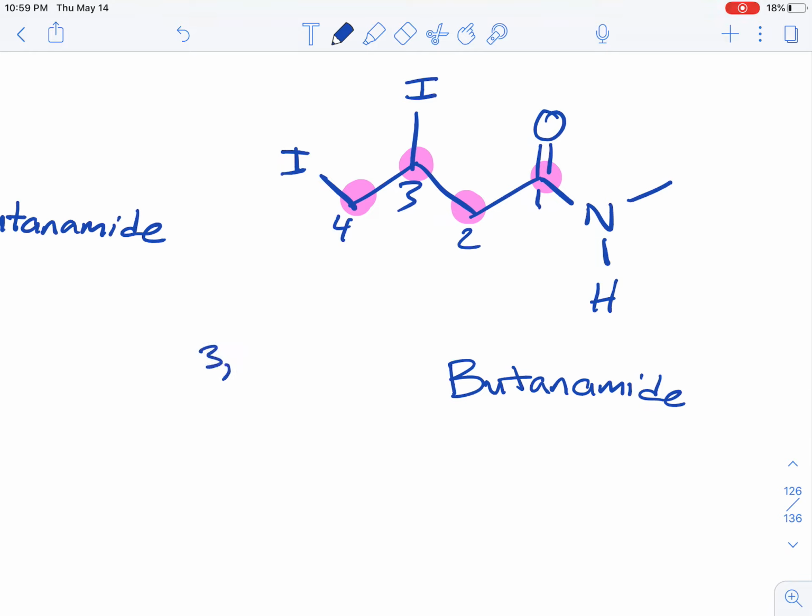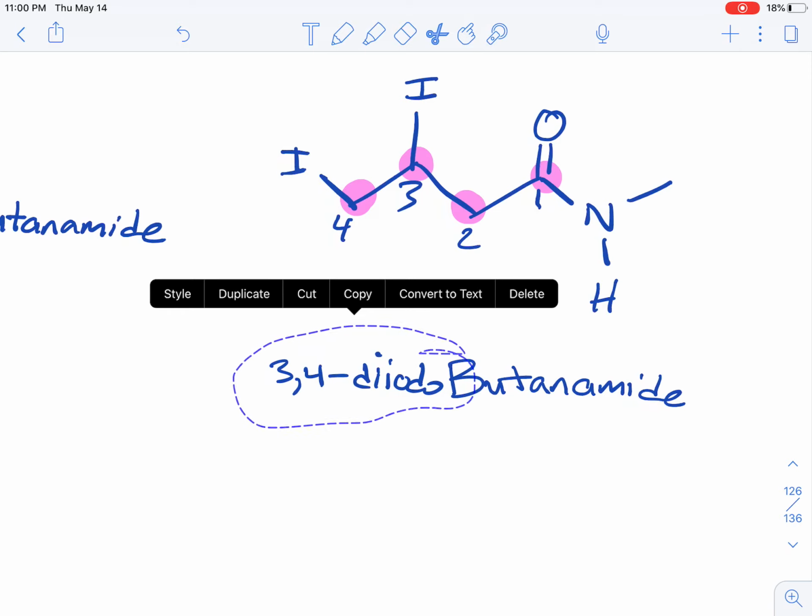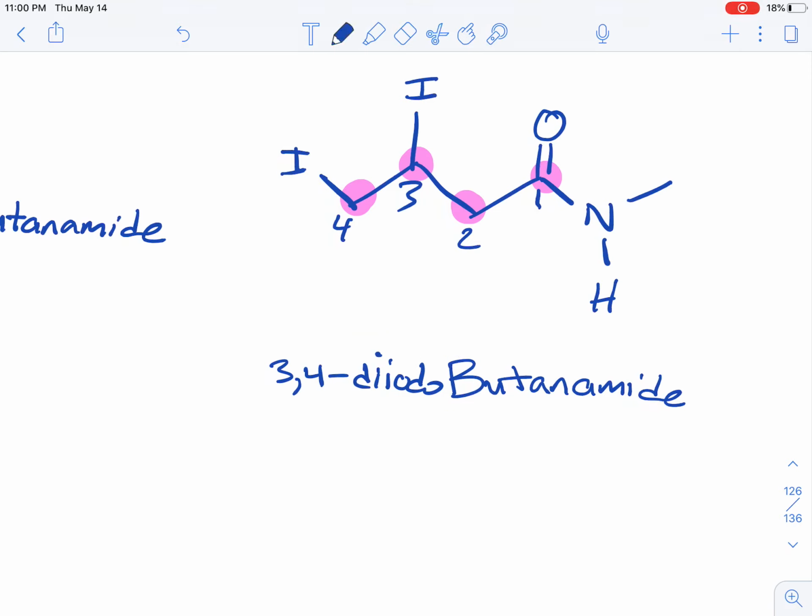This is going to be 3,4-diiodo. And then since there's no other items for me to name, I'm going to merge that with the parent name. And the last thing I'm going to describe is the N-methyl.